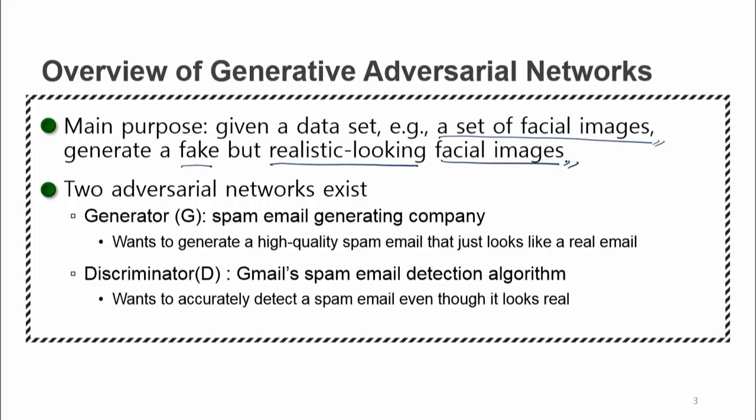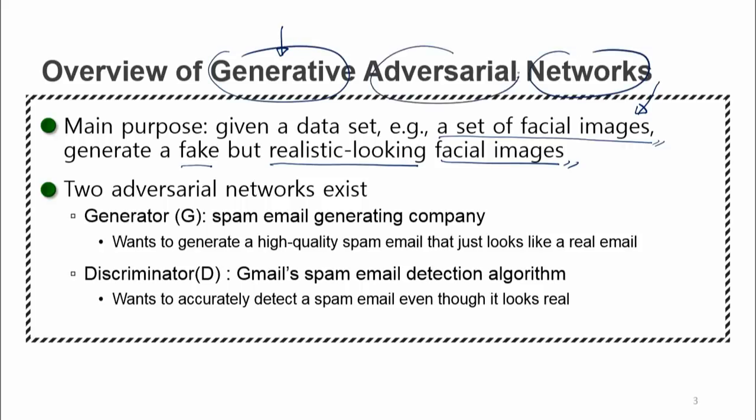So our GAN model is trying to generate really high quality images that mimic the reality found in the given training images, which in this case are facial images. That's why we call it a generative network.